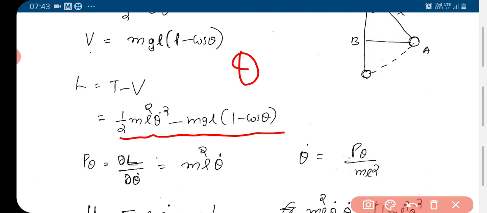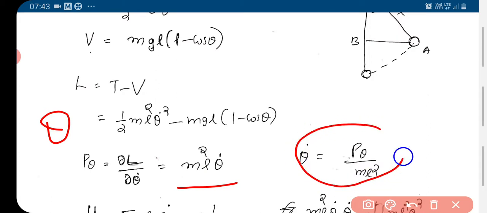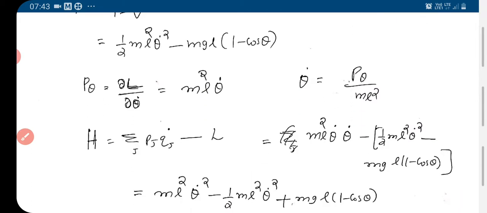Theta only, L is the length, that's fixed. So the generalized momentum corresponding to theta is p theta, which is dou L dou theta dot, which is ml square theta dot, and theta dot is p theta by ml square.